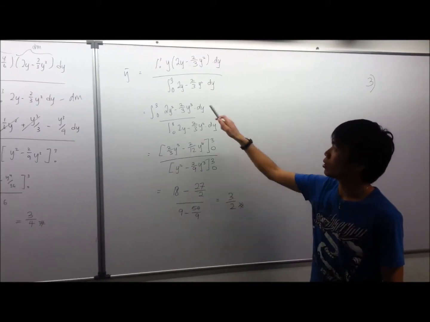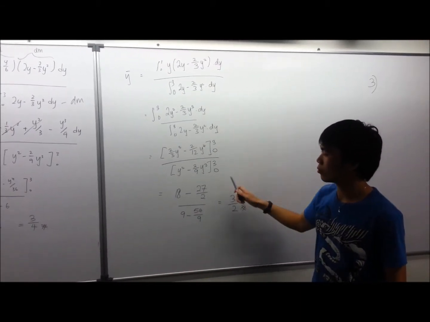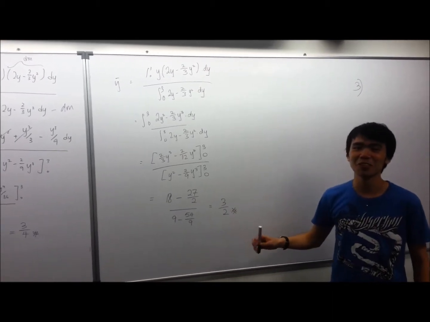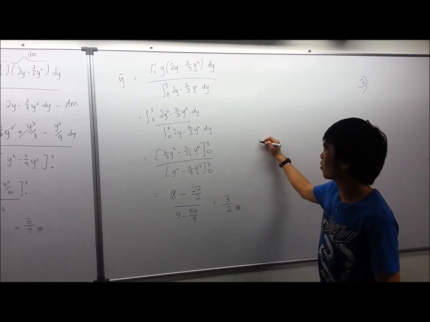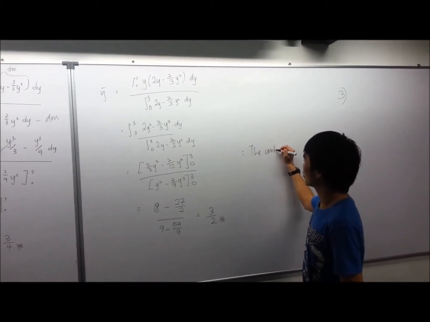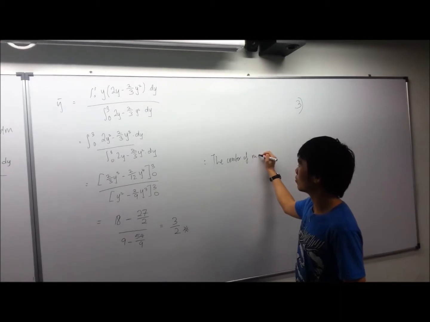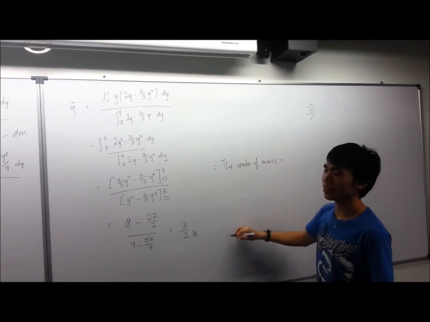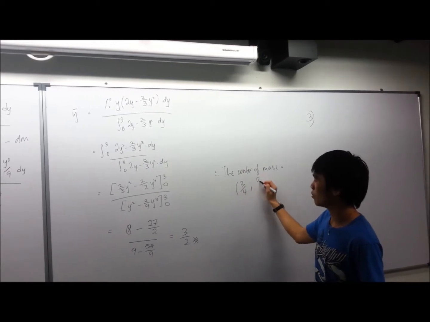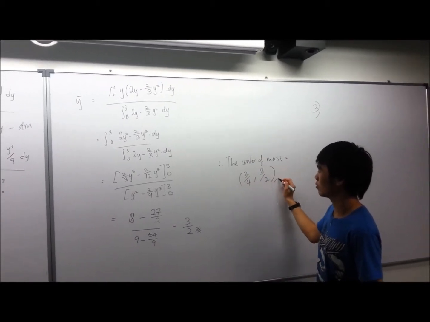You multiply the y in and do all the integration, and what you get is 3 over 2. So I conclude that the center of mass of this region is 3 over 4 and 3 over 2.